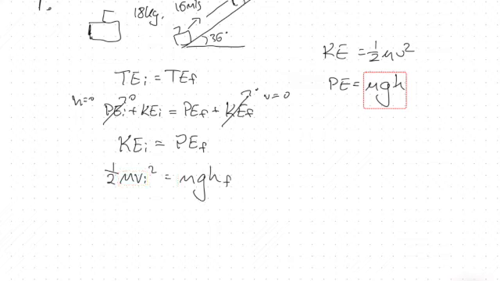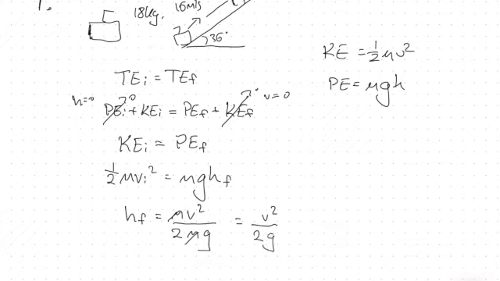So the question is, how high does it get? So h final equals v squared divided by 2g, and actually, we can cancel the m's. So v squared over 2g.